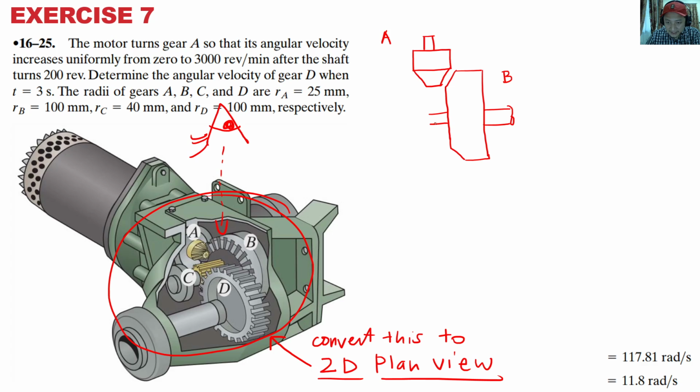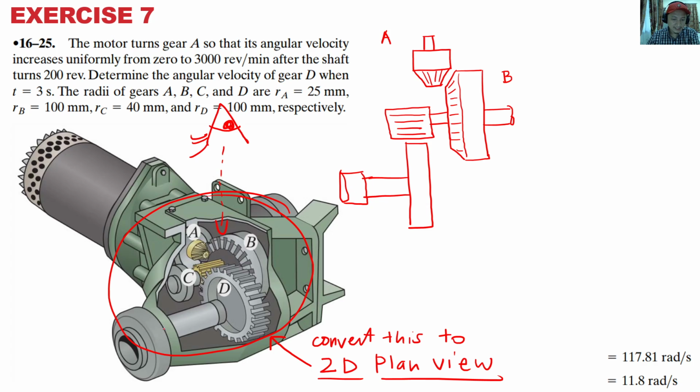And B is connected via the same shaft to another gear. This one is a big gear like that. And then it's finally connected to the driven, which is driving this thing out.